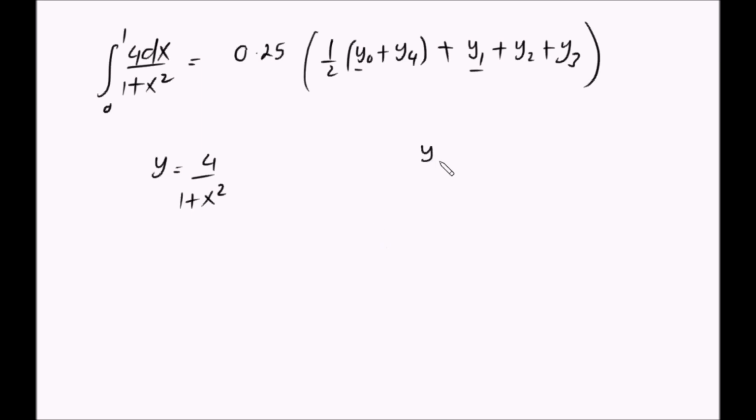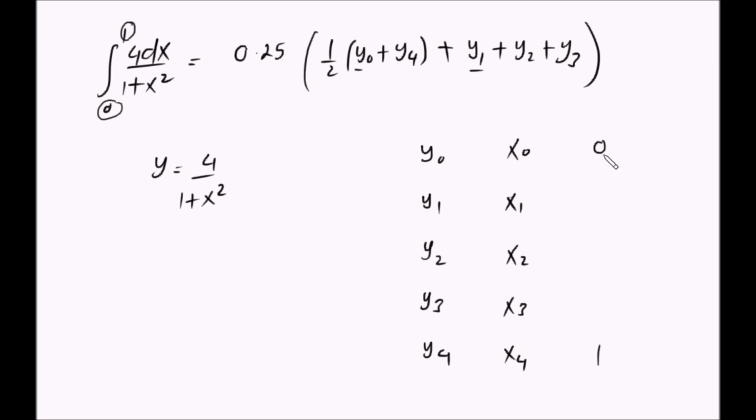Sasa ili kupata y0 mpaka y4, first and foremost I need to get x0, x1, x2, x3 na x4. Sasa x0 na x4, yani wa kwanza na mwisho ni rahisi. Wa kwanza ni huyu 0. Wa mwisho x4 ni huyu huko juu 1. Hapa katikati sasa kumbuka h ni 0.25.